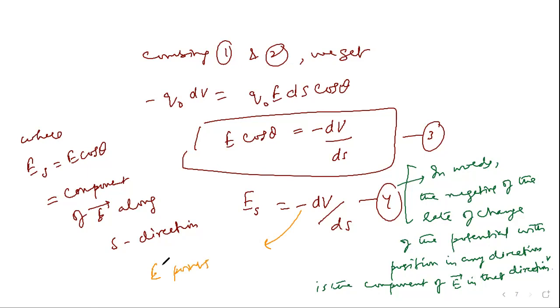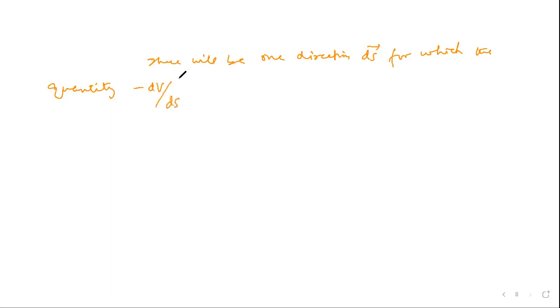E points in the direction of decreasing V. Now there will be one direction ds for which the quantity minus dV by ds is a maximum.